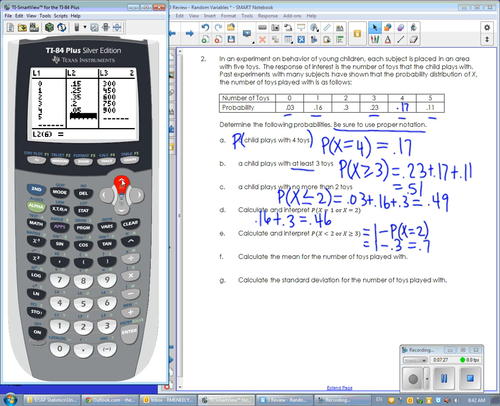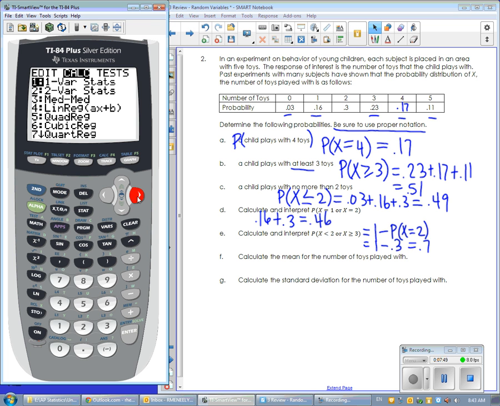And then in my list 2, I'd enter all the probabilities, which is 0.03, 0.16, 0.3, 0.23, 0.17, and 0.11. Okay, and so I have all my outcomes in list 1, the probabilities or the relative frequency in list 2.